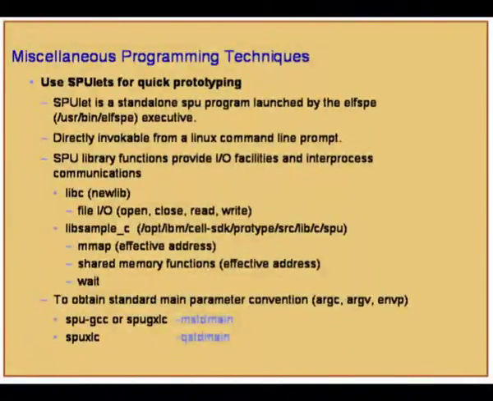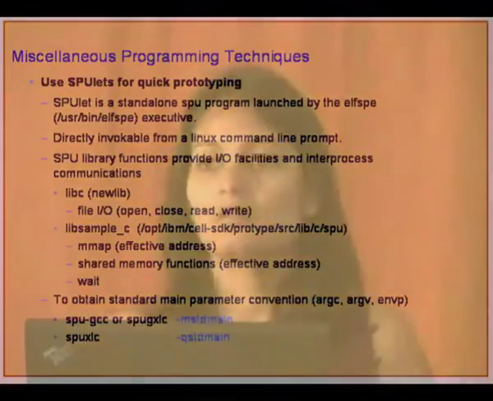Use SPUlets for quick prototyping. Say, for example, you just want to see if SPUs can do this computation fast enough for you. You have very high expectations, right? You don't want to deal with compiling your program on the PPU and sending all the data through the PPU onto the SPU. You just want to compute on a small bunch of data, or maybe split the whole data up into the SPUs and see if it's fast enough.